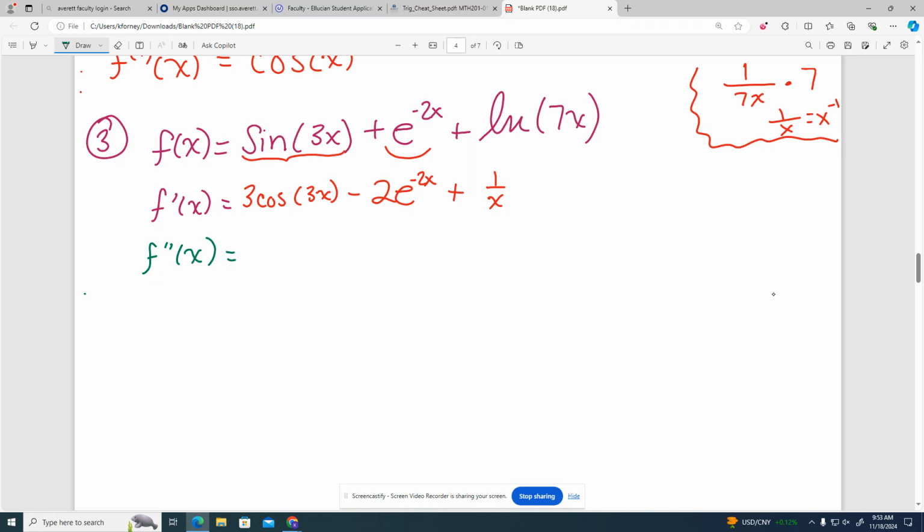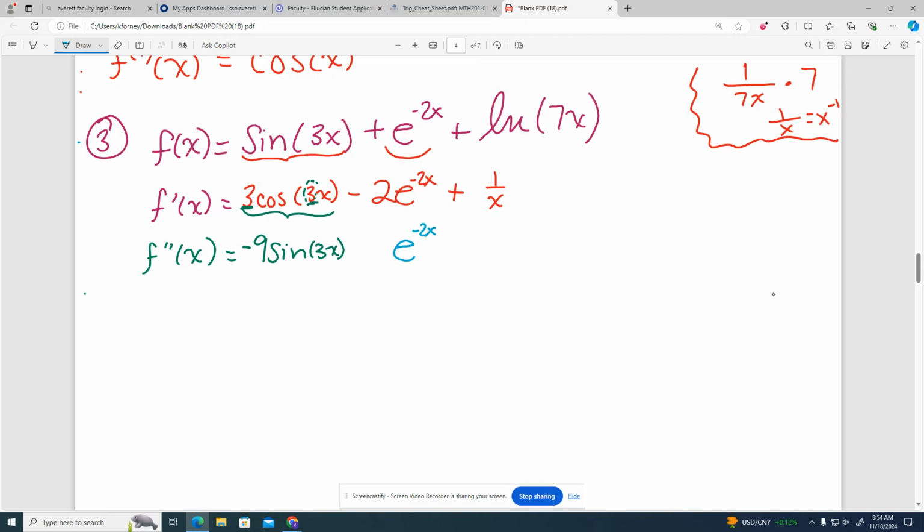So, now, looking at 3 cosine 3x, you're going to apply the chain rule here. So, cosine becomes negative sine, and the derivative of 3x is 3, times the 3 that was already in the front, becomes negative 9 sine 3x. Now, looking at this negative 2e to the negative 2x, I know that e to the negative 2x part stays the same, but what's the derivative of negative 2x?